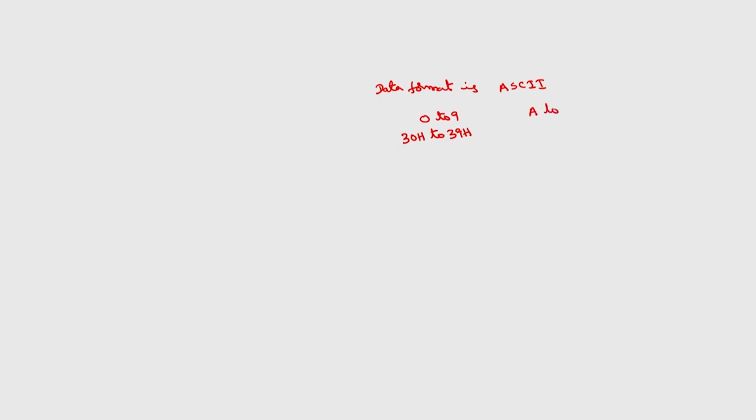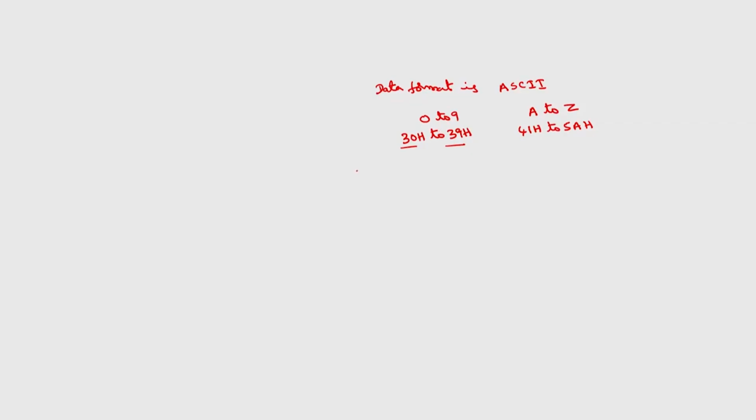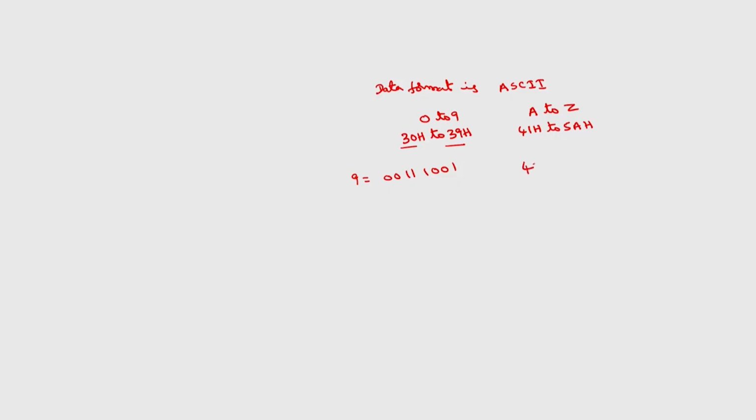Similarly, capital letters A to Z will be represented by 41H to 5AH, total 26 letters. Similarly, some special symbols will have specific codes. Normally we will use 8 bits. If you want to transmit 9, it is 0011 1001, and we will transmit these 8 bits. Suppose I want to transmit say 49H, this corresponds to one of the letters.